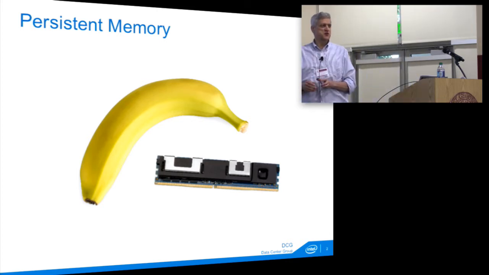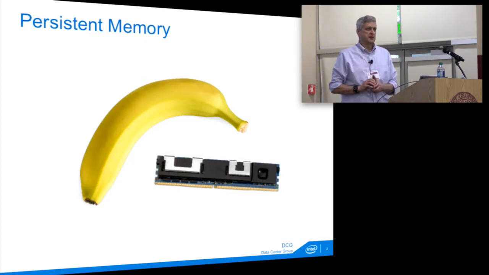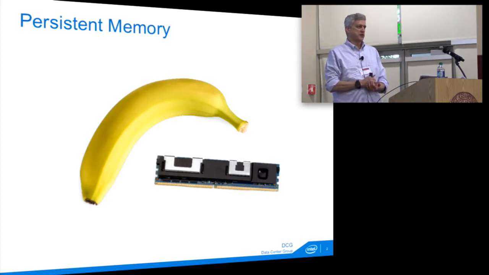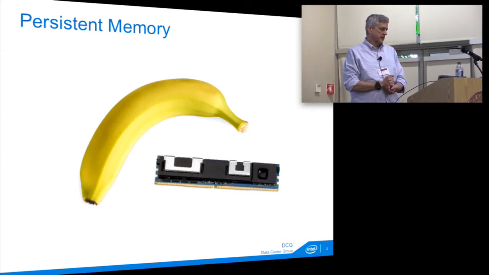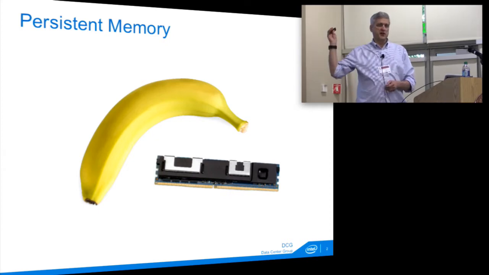Now, in a longer version of this talk, I'd start out by telling you why we care about persistent memory. But this is really a talk about what the current state of the ecosystem is. So I'll just summarize a few points rather than go through a bunch of slides that I don't have time for. But the promise of these emerging products like this one are, first of all, their capacity.